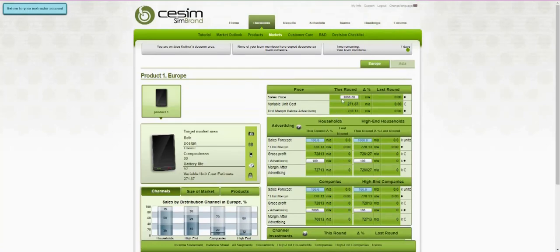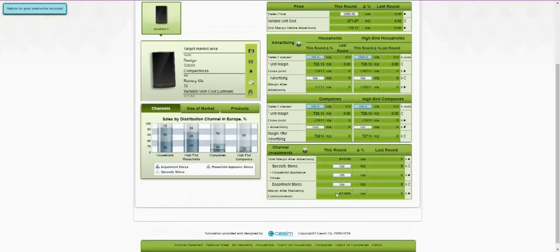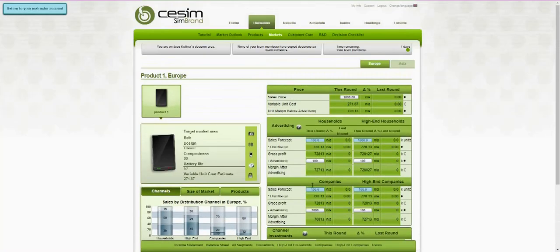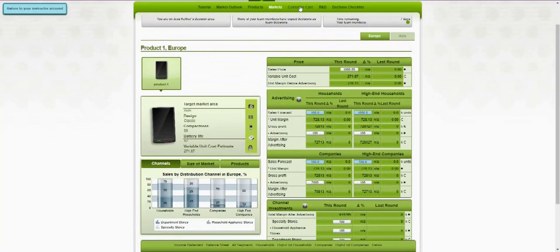So these are our costs in this round. And then we can see the profit, the margin after advertising, and then this gives us our margin after our communication. So we're thinking about the support. So it's important to think about the support and our channel investment as well.